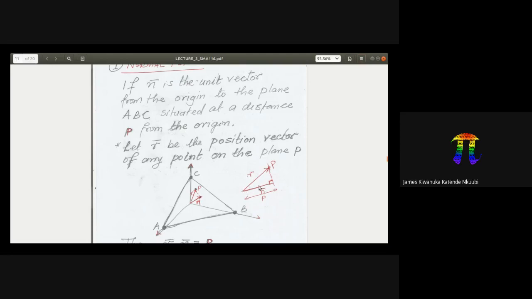So n is not the whole vector. It can only be the whole vector if that distance from the origin to the plane is 1. If not, then it will just be a portion of the vector. But it is in the same direction as a vector that is normal to the plane. So please note this correction so that you don't read the notes exactly as they appear. I have made the correction in the video. So when you read the notes, you need to make that same correction.